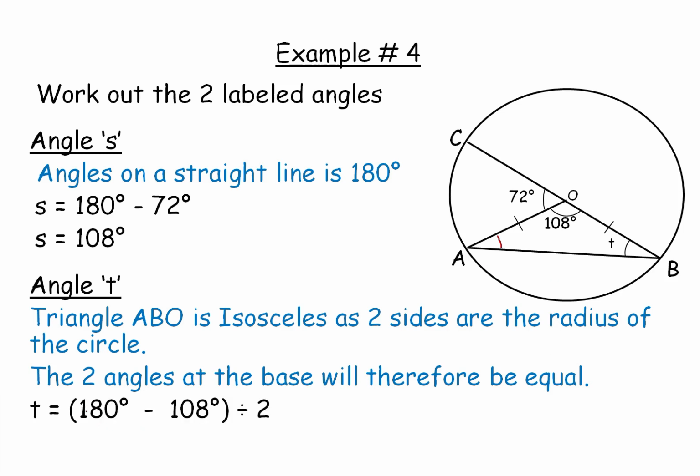Angle T is 180 degrees minus 108 degrees, divided by 2, because these two angles are equal. 180 minus 108 is 72 degrees, divided by 2, which is 36 degrees. Thank you and see you in the next video.